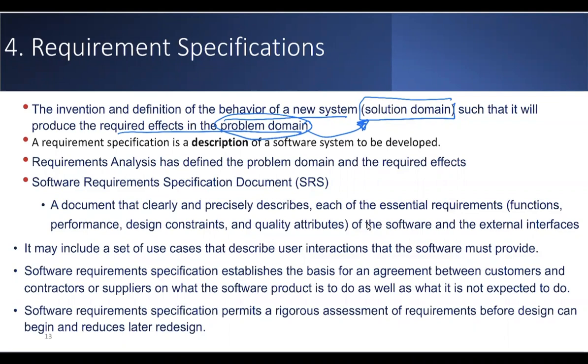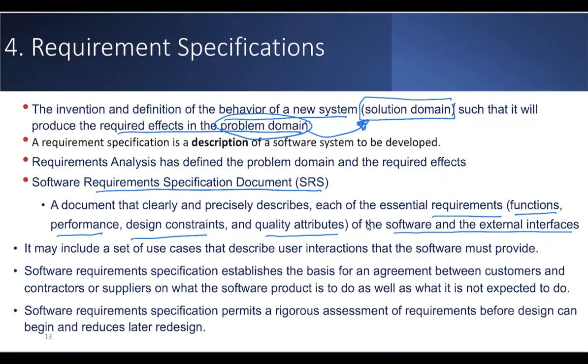The outcome of the requirement specification phase is a document. We call this document the software requirement specification document, the SRS document. This document describes each of the essential requirements in the system, including functional requirements, performance requirements, design constraints, and even quality attributes for the software itself and for the external interfaces.